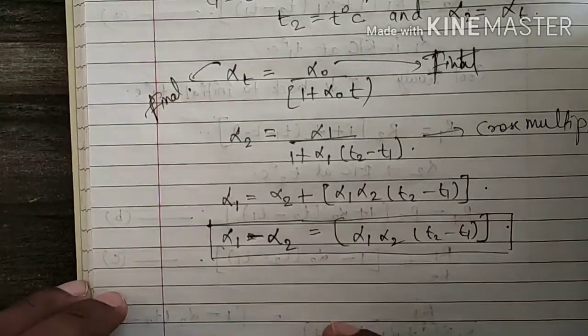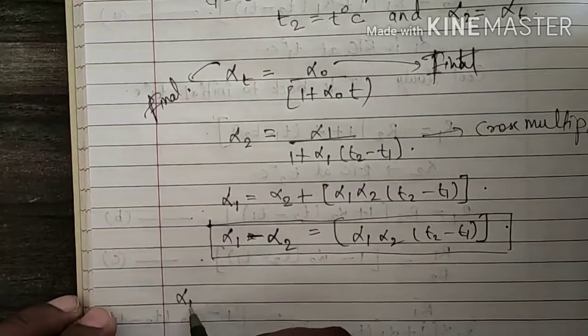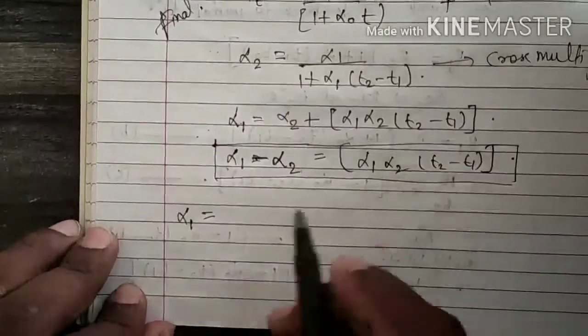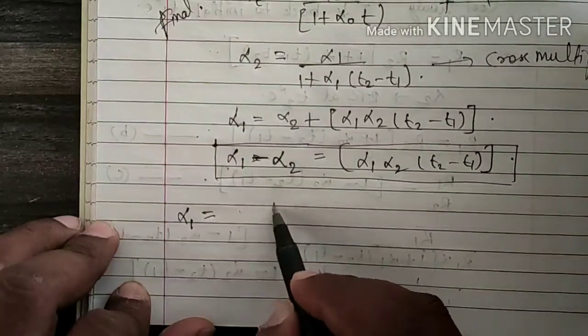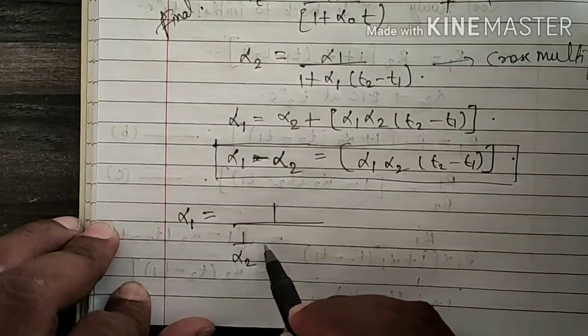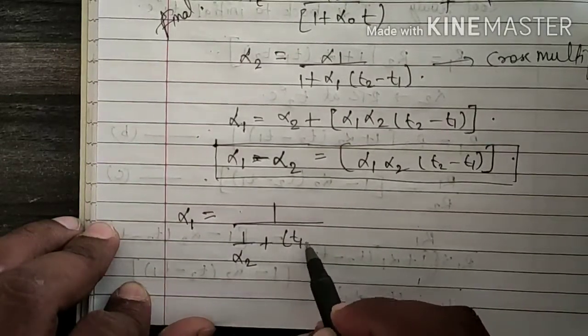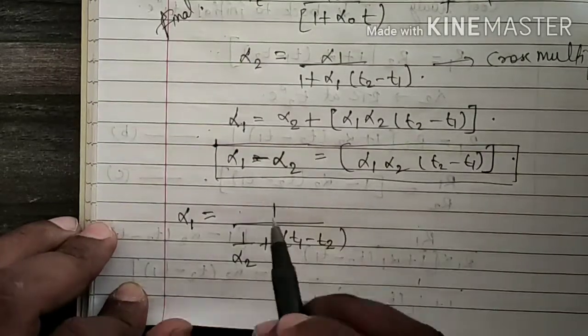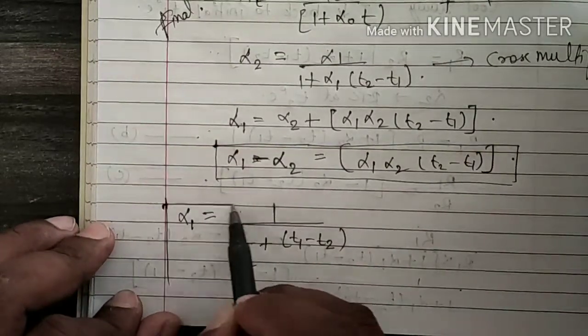Then I'll write directly what will be alpha 1. So my alpha 1 will become 1 upon (1 by alpha 2 plus T1 minus T2). Okay, so this is my expression for alpha 1.